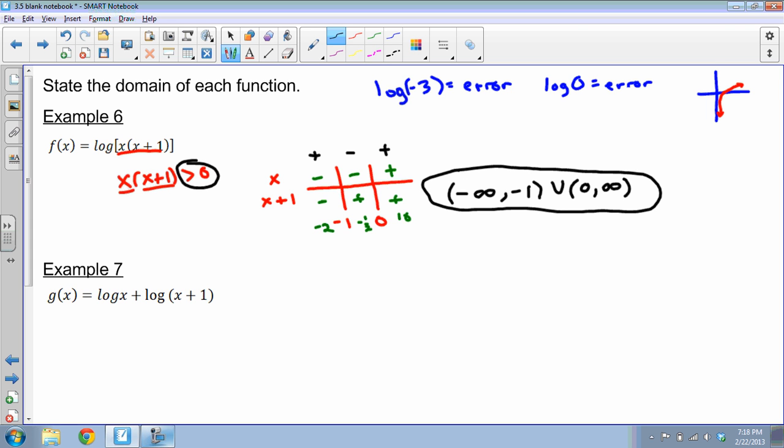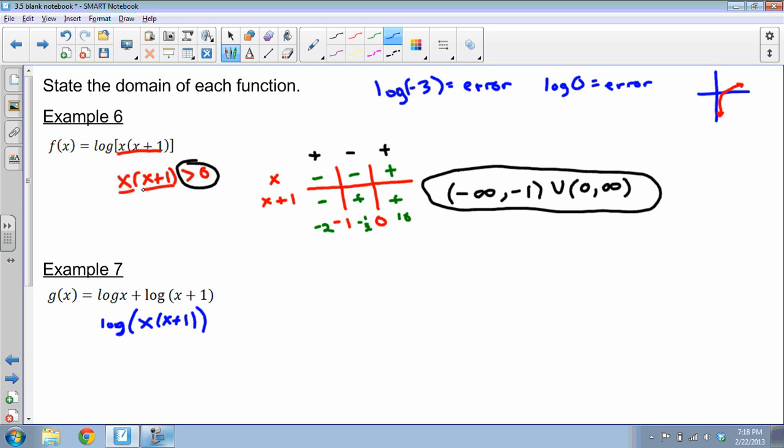Now let's look at this next example. What's interesting here is, if you think about the properties of logarithms, I have a plus sign here, and so what we did in one section is we combined these logarithms and said, oh, well, that's log of x times x plus 1.